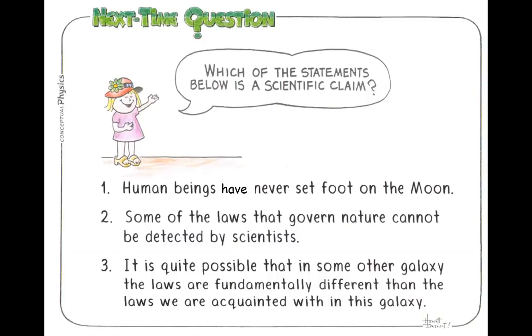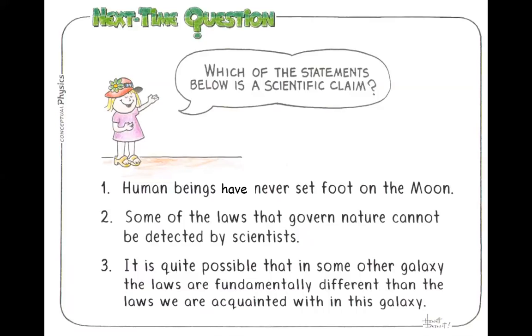Some of the laws that govern nature cannot be detected by scientists. Some of the laws. Already I'm kind of suspicious because "some" is a very open-ended statement. Okay, I don't like it already. But there's another phrase that makes me not like number 2 even more. "Cannot be detected."